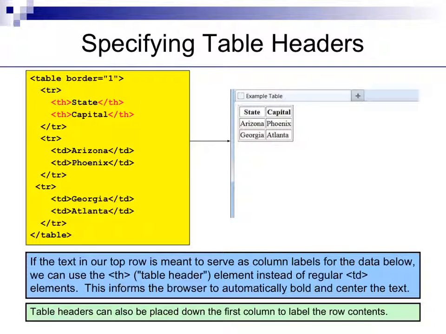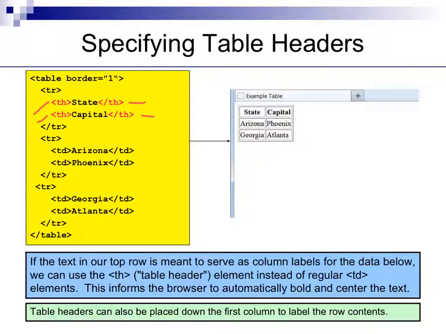All right. But the next thing we can do is use something called the table header. And a table header is exactly what it sounds like. It creates headers at the top of the table. So let's take a look at the code here. You can see that the TD element has been replaced by these TH elements, or the table header elements.